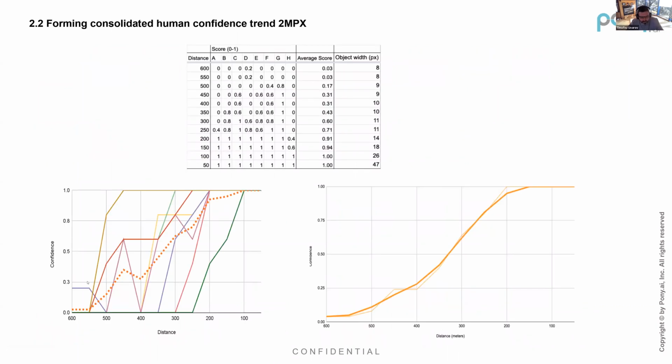Then we removed the extreme ones, like a labeler who was seeing much better than others or who wasn't monotonous, and outliers who deviated too much from the common deviation. And then we formed a smooth trend of vision. So you can see, for example, that with 2 megapixel, our consolidated confidence goes to 1 at 200 meters.